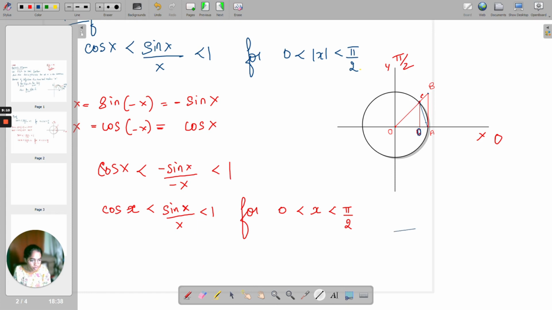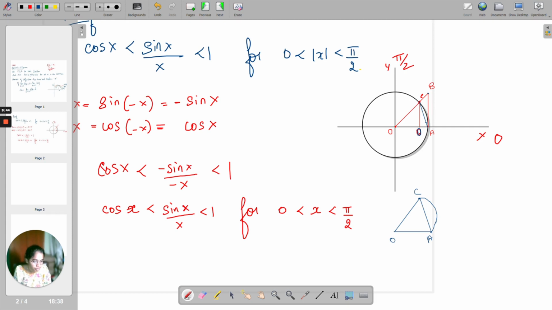So O looks something like this: O, C, A. And over here you have a part of a circle that is joining CA, right? So this arc, we have an arc over here, OCA.